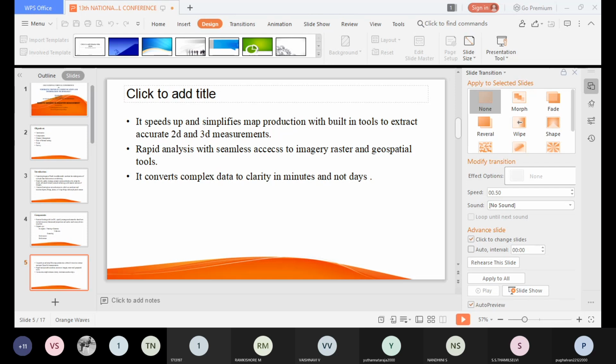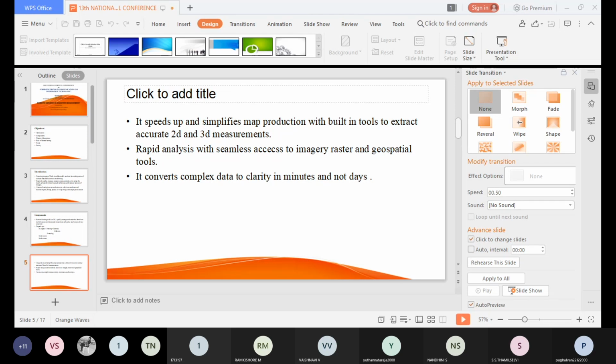If we capture the image, we must analyze the raster information to know how many places are covered by the flood. So we can capture the image, and using this software, we can create the 2D and 3D image to get the exact information for the particular place.